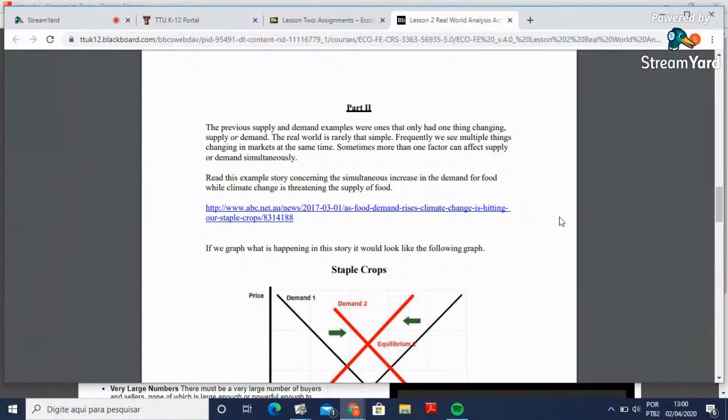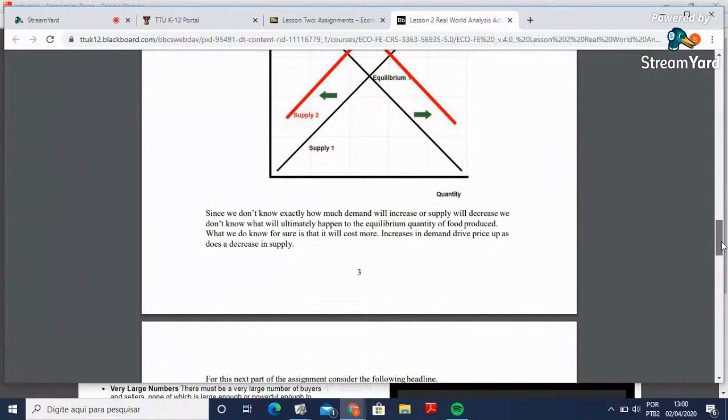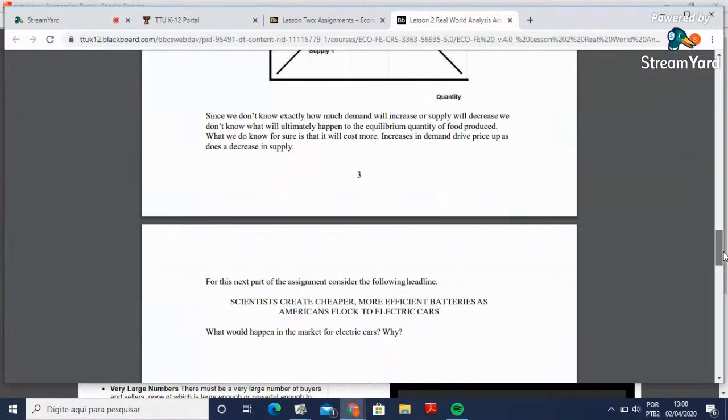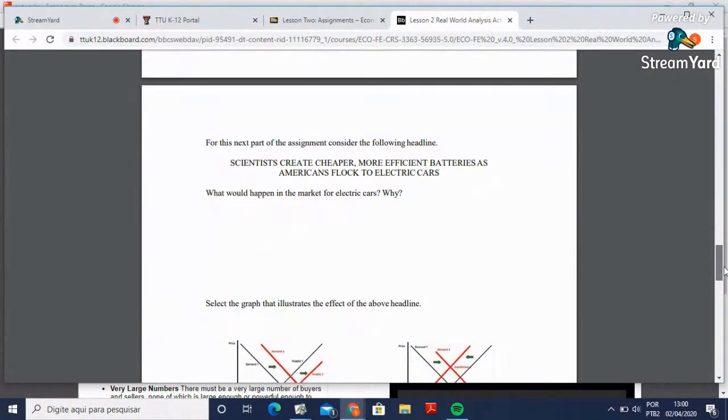In part 2, you have an example story which you will read, and this example story is illustrated here. So in this part of the assignment, what will you do?